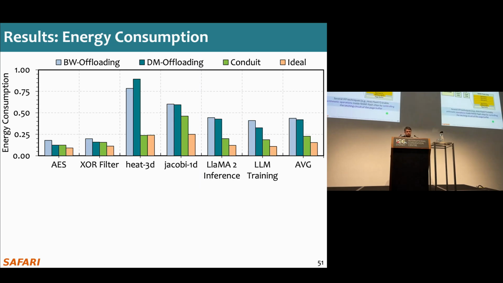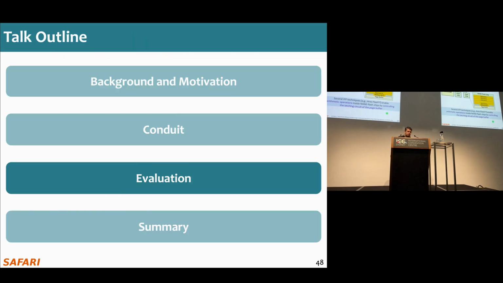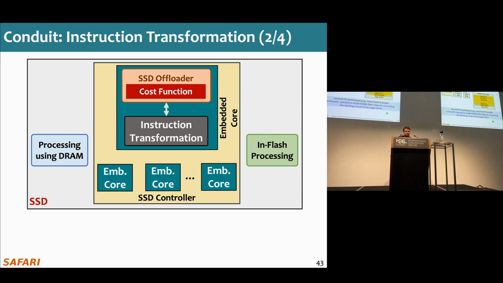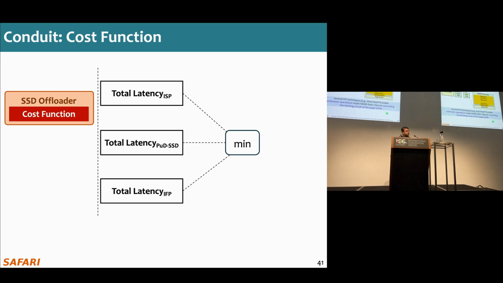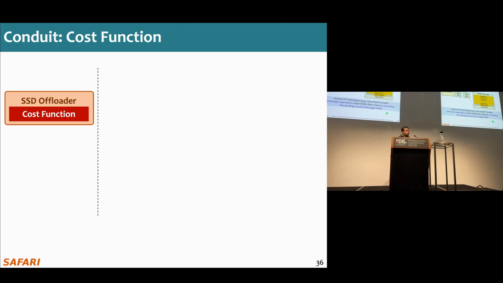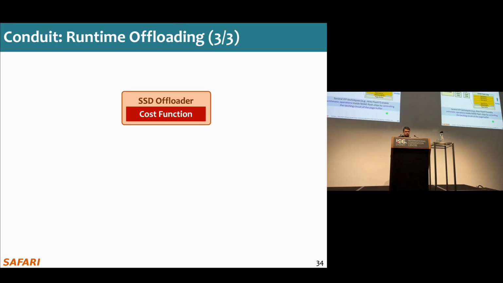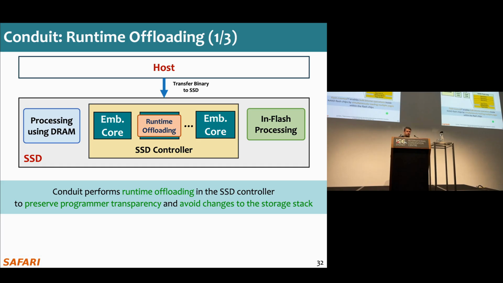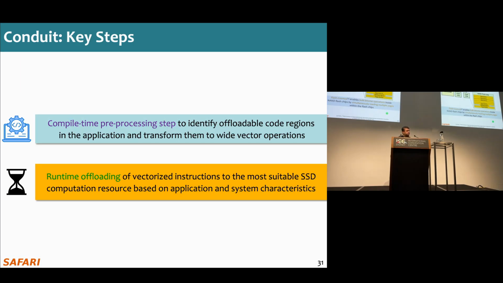So we look at two different sets of works. One set of works looks at performing computations within the latching circuit, which requires multiple sensing of the operands. We then look at works like Flash-Cosmos, which propose bulk bitwise operations by reading multiple pages at once.